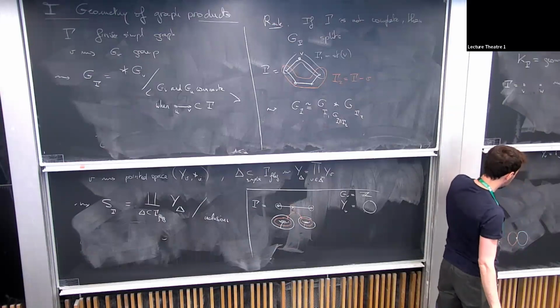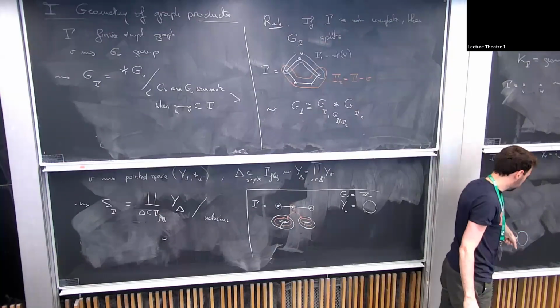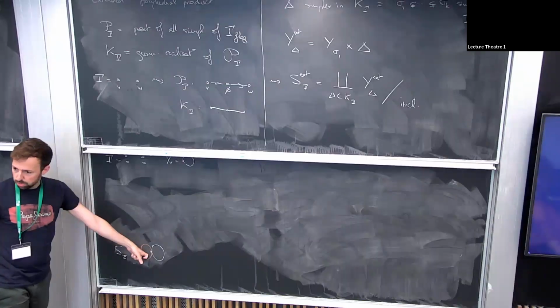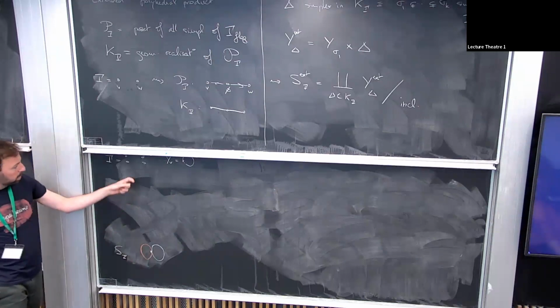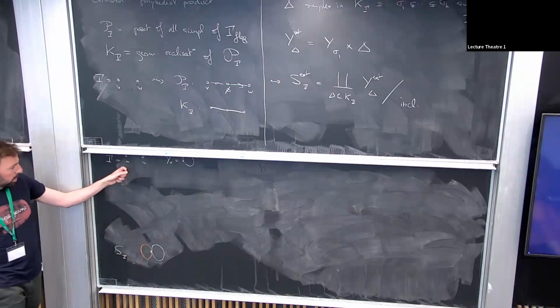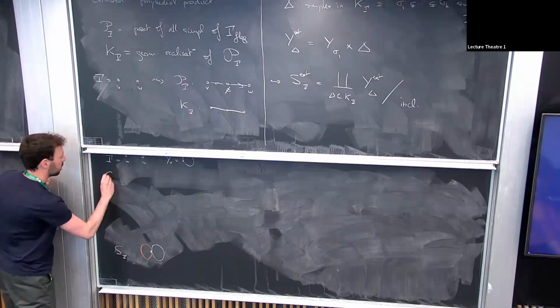There's no further relation, so I'm just going to use the common base point to glue these two circles together. So what I get is a wedge of two circles, and that's indeed a space whose fundamental group is the graph product, which you mentioned, G gamma here.